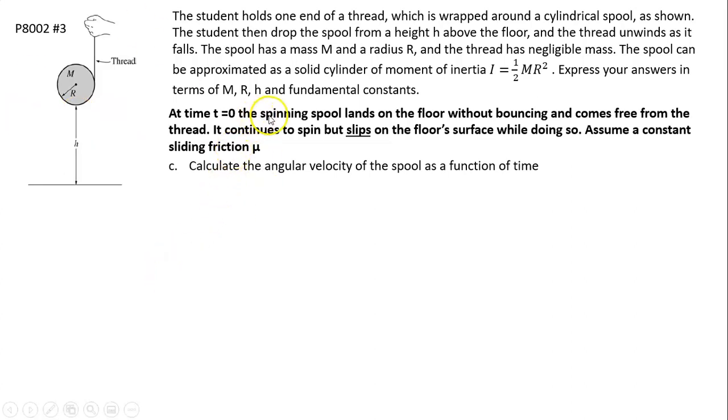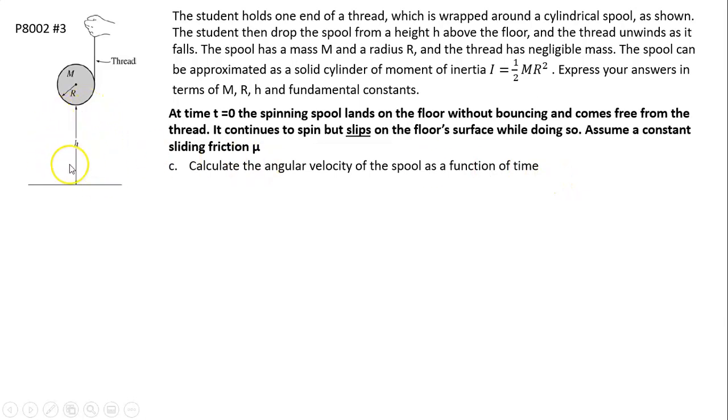Now at time t equals 0, the spool is still spinning, right? It lands on the floor without bouncing and comes free from the thread. It continues to spin but slips on the floor surface. While doing so, assume constant sliding friction mu. Calculate the angular velocity of the spool as a function of time.